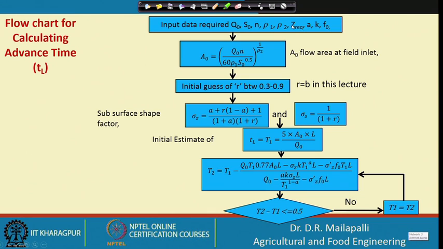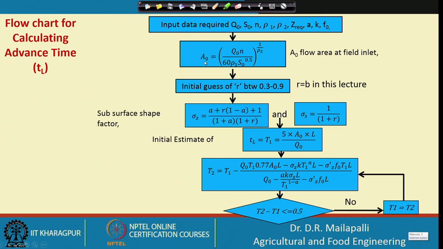This is the cumulative infiltration we expect for a particular crop, and A, K, F naught are the infiltration parameters. Because the infiltration parameters are known, our task here is to find out what the advance would look like, how the advance is going to move from the head end to the field end.